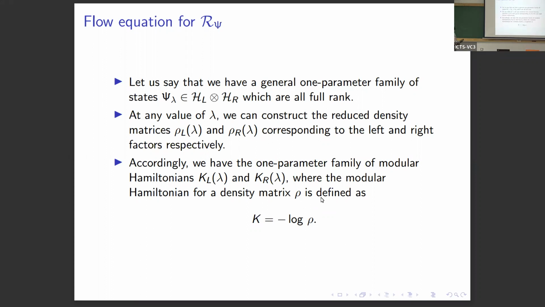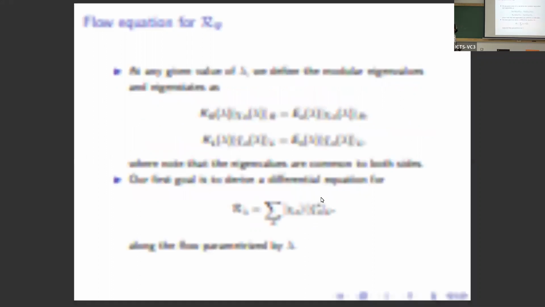Now, at any value of lambda, you can of course compute the reduced density matrices on the left and right factors. These would be rho left and rho right as functions of lambda. And correspondingly, I'm going to define the modular Hamiltonians as minus log of these density matrices. So K left is minus log of rho left at lambda, K right is minus log of rho right at lambda, and so on.